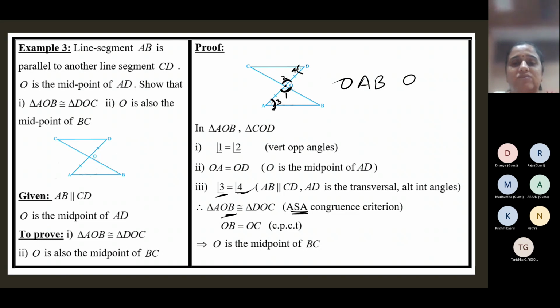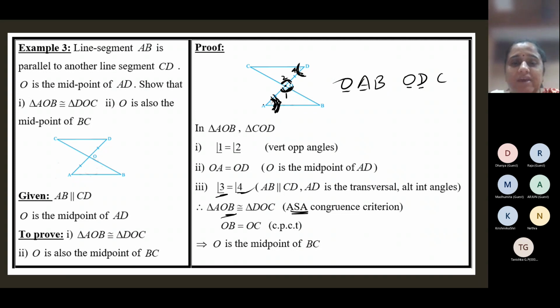If you say A here, it is D here. Write the corresponding angles. For 1 in the first triangle, it is 2 in the second triangle. For A in the first triangle, it is D in the second triangle. Then the third vertex C. OAB is congruent to ODC.